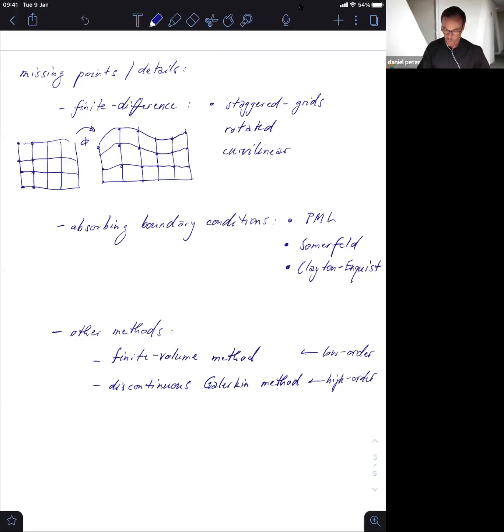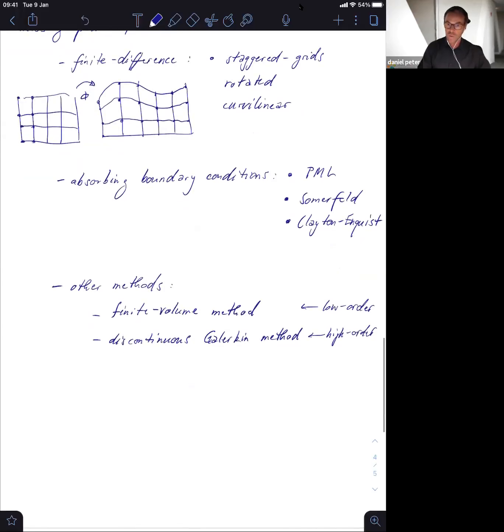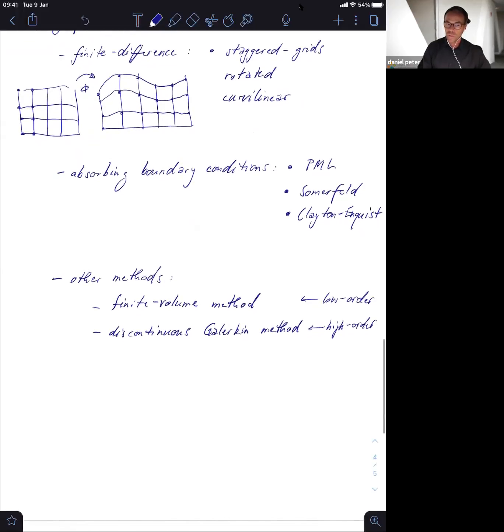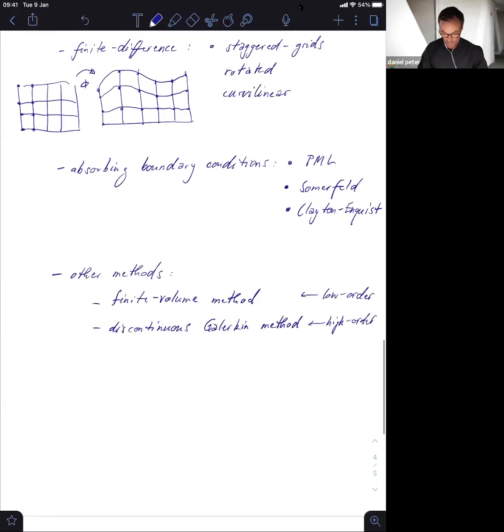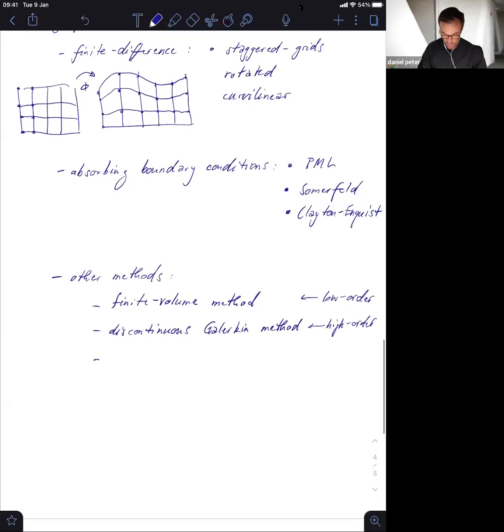So they use similar ideas, but finite volume methods are usually low order, whereas discontinuous Galerkin methods are usually high order. And then a little bit more exotic ones that have been used for especially wave propagation as well are lattice Boltzmann methods.